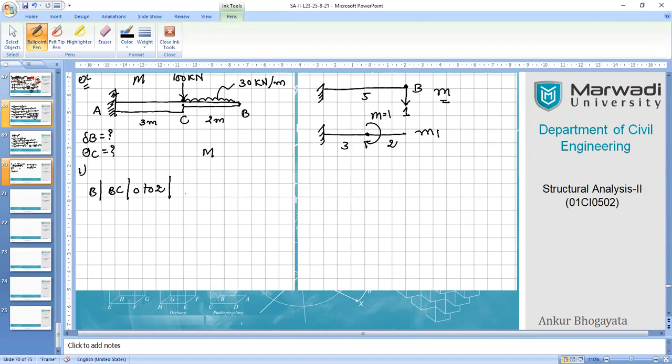So somebody has to guide me how to write the equation of capital M for segment BC due to the external load. Who will do it? I know Prashant, Darsha, and a couple more students, those who are usually answering and responding, I appreciate completely, but let's give a chance to somebody else also.